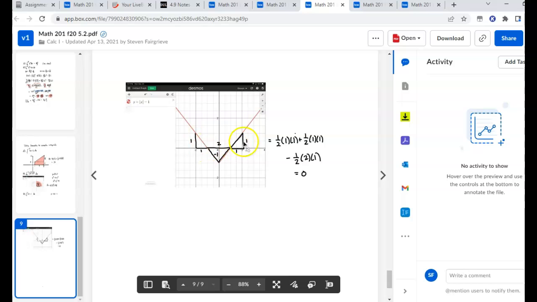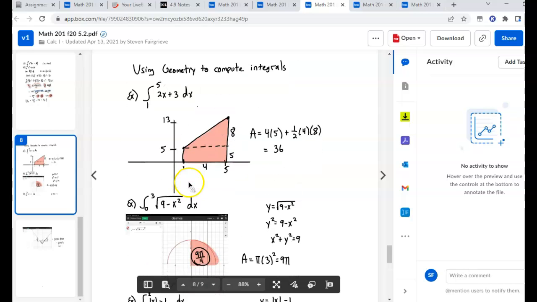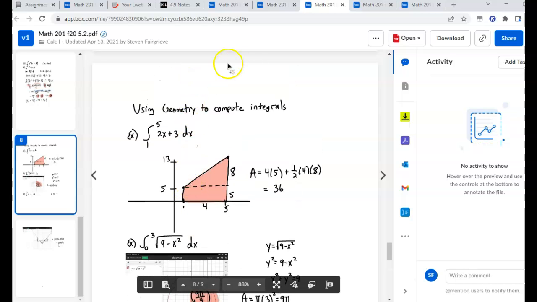So we found the area above, we found the area below, and we totaled those two up, and in this case that happened to be 0 for that particular problem. Okay. So, using geometry to compute definite integrals.